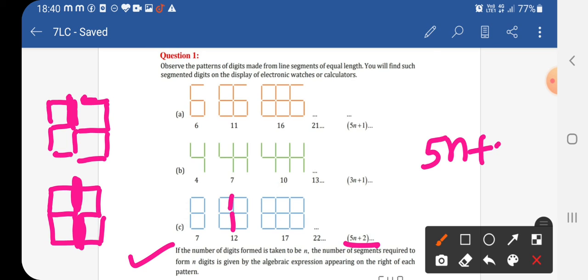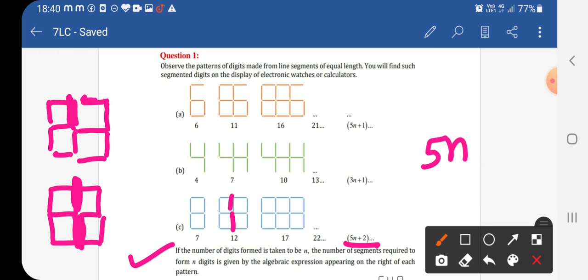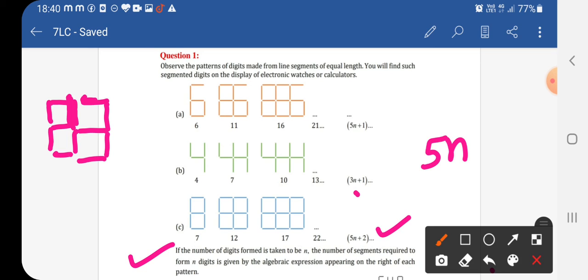That's why I am adding 2 here and I have got this expression. Clear? This was already given in the book actually. I am just explaining to make it clear how these expressions come. Otherwise you will be confused about how 5n plus 2 came, how this came and how that came. Okay. Now come to the point.